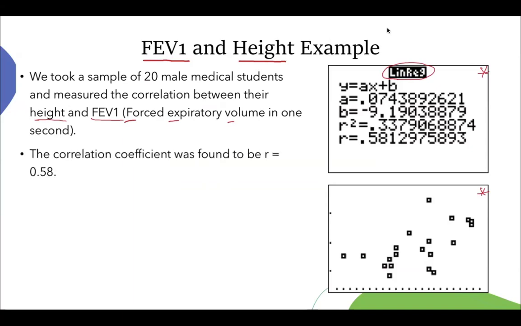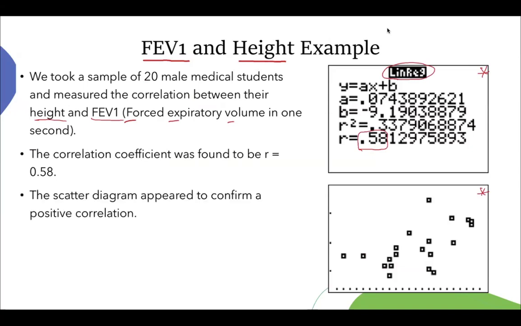R, the correlation coefficient, came out to be +0.58. So not too close to +1, but also not too close to 0. It's kind of in the middle. And the scatter diagram does confirm that there is a slight positive correlation. Okay, so this set of values doesn't appear to be too strong.